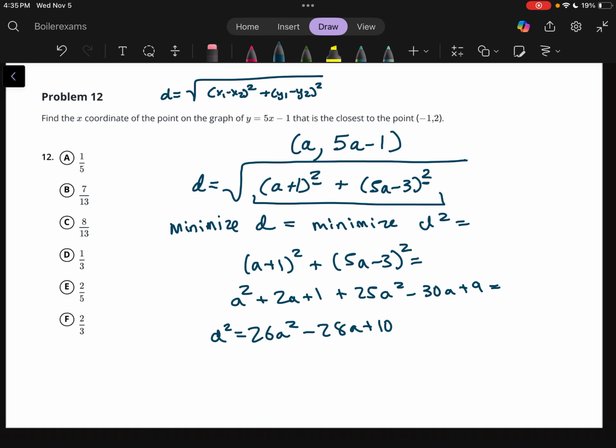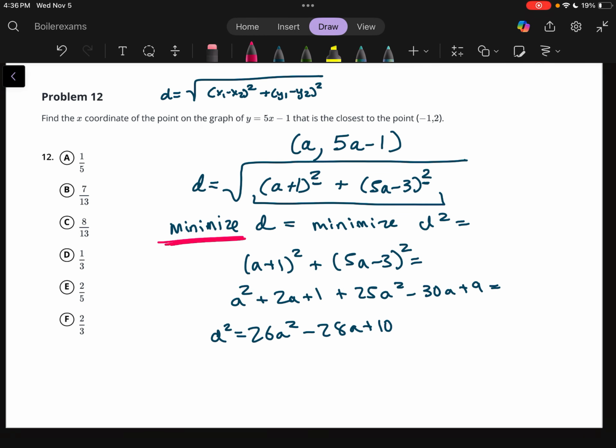And so, like I said, we want to minimize, and anytime we hear minimize, maximize, least, most, you want to think derivative. Why? Because if you find the derivative, you can find the critical points of a function, and the critical points tell you where minima and maxima are located. And if you remember, critical points are values where the derivative of a function is equal to 0.